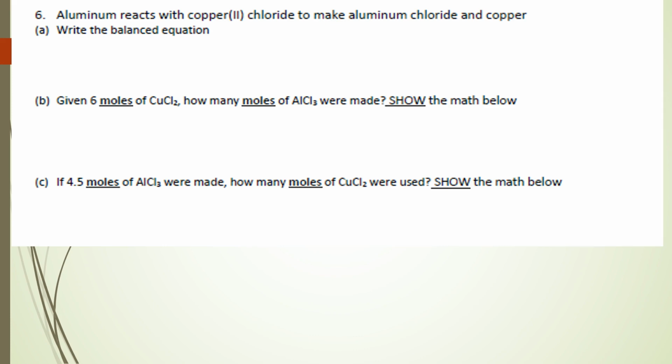So let's look at number 6. What's different about number 6 than the previous problems? You have to write the equation and balance it. This is a skill we should already have. So let's walk through it. Aluminum. How am I going to write aluminum? What would the formula for copper 2 chloride be?